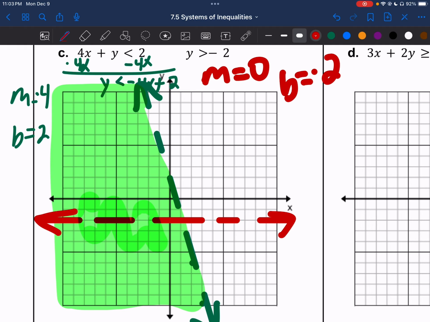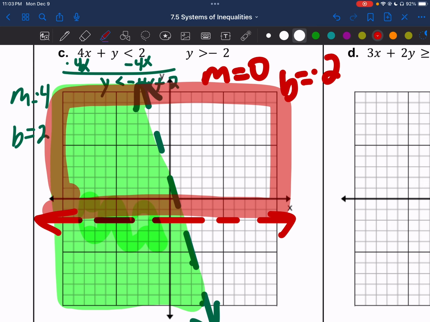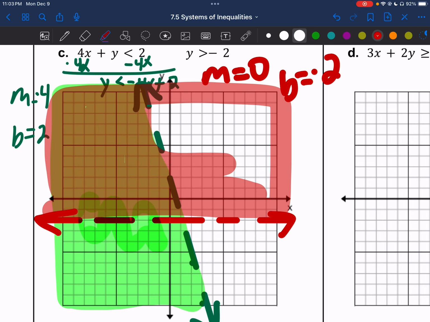And we are going to shade this one above because it's greater than. And when we fill that in, we see that kind of dark green patch that is our solution set off to the upper left.